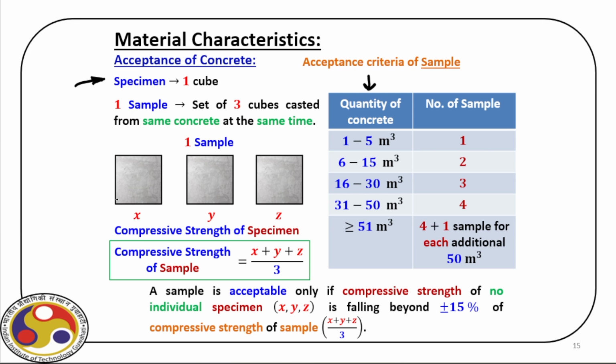We first prepare the cubes in a batch of 3. But there is a specific guideline that I wanted to draw your attention to: if by chance, of these 3 cubes X, Y and Z, one value falls beyond this plus minus 50%, then we have to discard that sample, and otherwise we take the average.